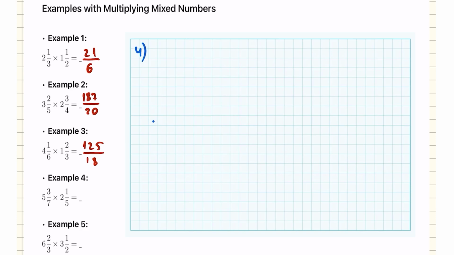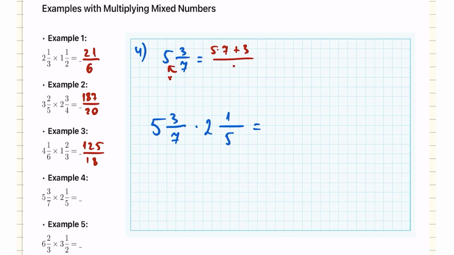Now the next one. We have 5 and 3 over 7 multiplied by 2 and 1 over 5. We are doing the same thing. The first fraction is equal to 7 multiplied by 5 plus 3 over 7. And this is 38 over 7. Now the second fraction, 2 and 1 over 5, equal to 5 times 2 plus 1 over 5.